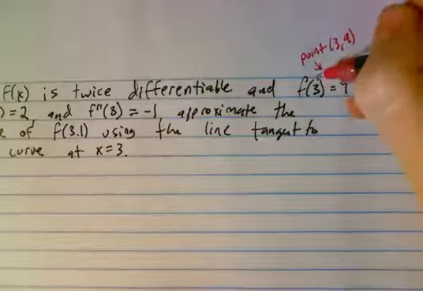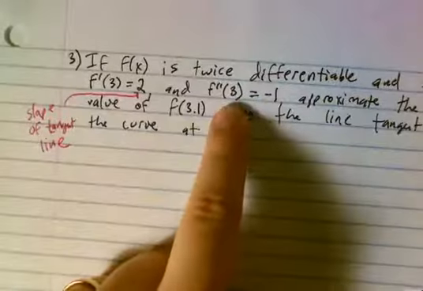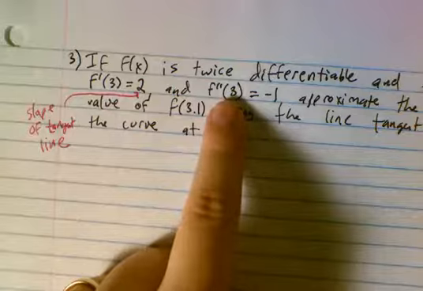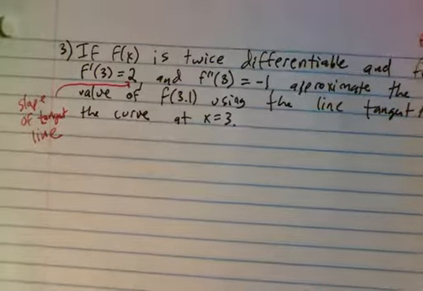This is our x, this is our y. And this is very useful because this is giving us the slope of the tangent line. Notice this is completely a distractor. We're not going to use f double prime, so don't be thrown off by it. Sometimes they do that. Just put in extra information just to trip you up.